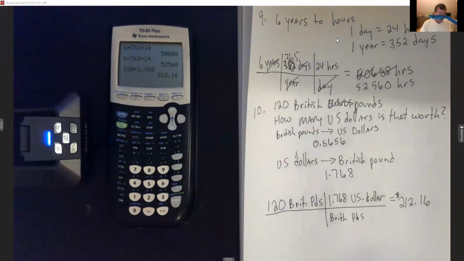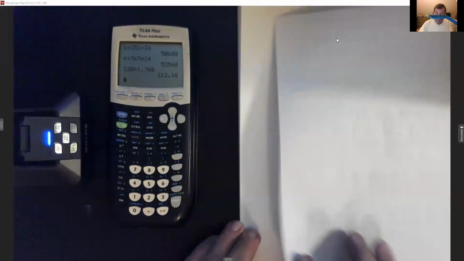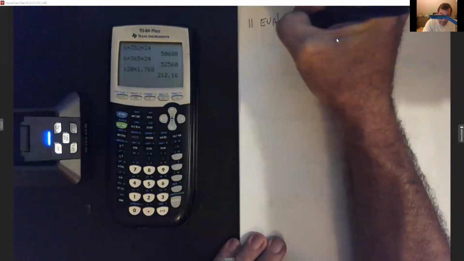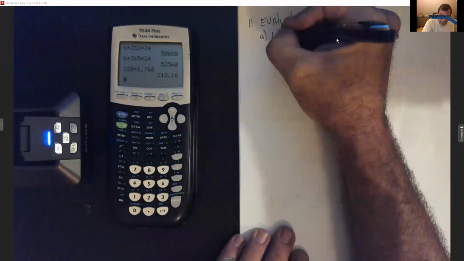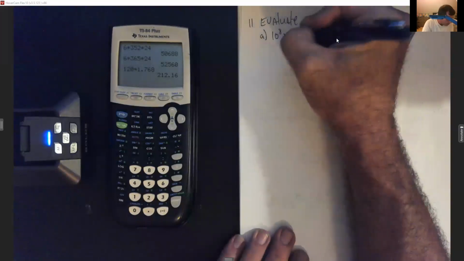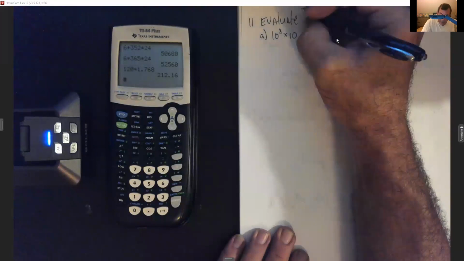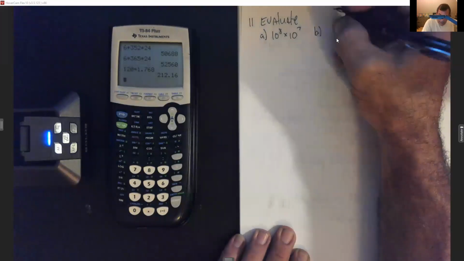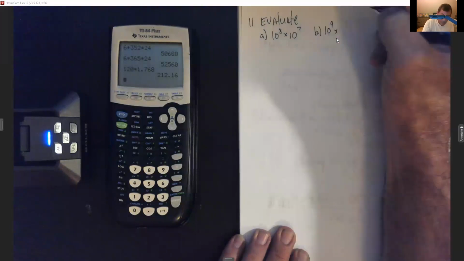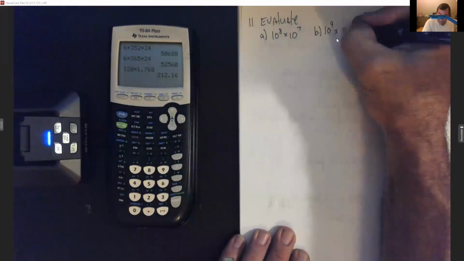All right, next they want me to evaluate the following expressions. So number 11, evaluate: A has 10 to the 8th times 10 to the 7th. B has 10 to the 9th times 10 to the negative 5th.